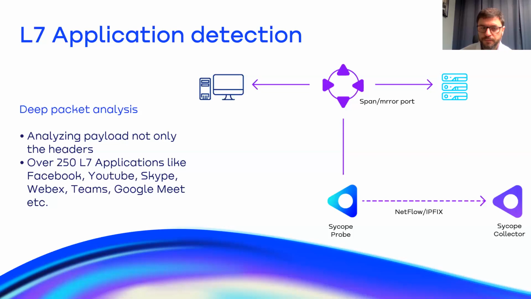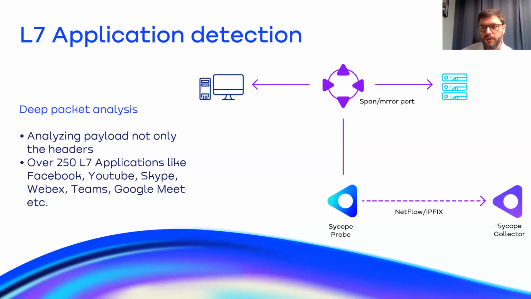For example, when we see HTTPS communication, it's hard to say what kind of data is encrypted. But we don't have to decrypt the whole data to reveal the real application.